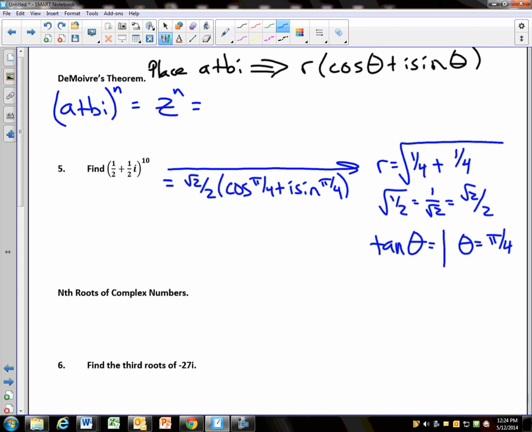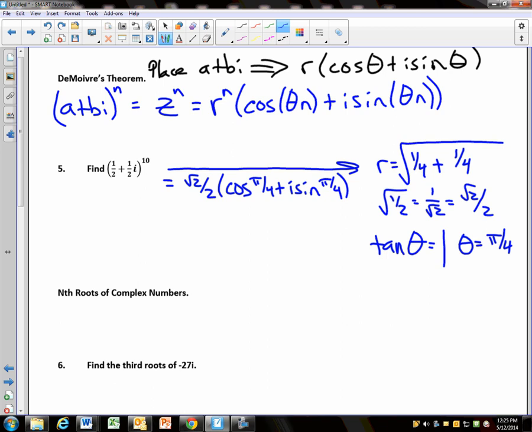If you take this and raise it to the nth power, it ends up being whatever your r value is, raised to the n, times the cosine of theta times n. So you raise r to the nth, you multiply the angle by n.